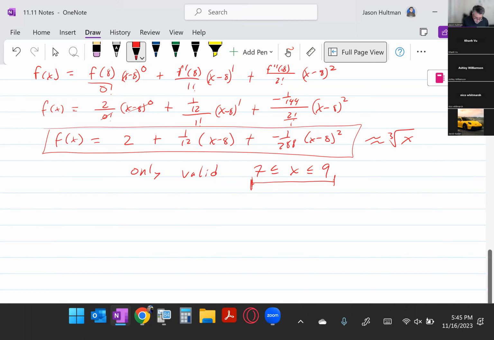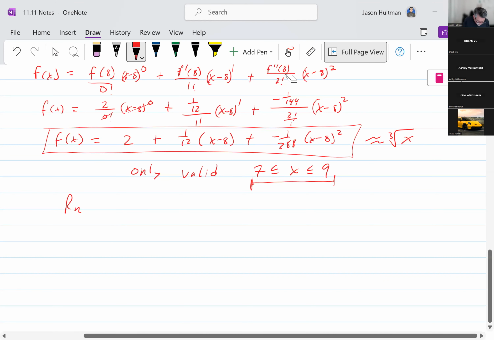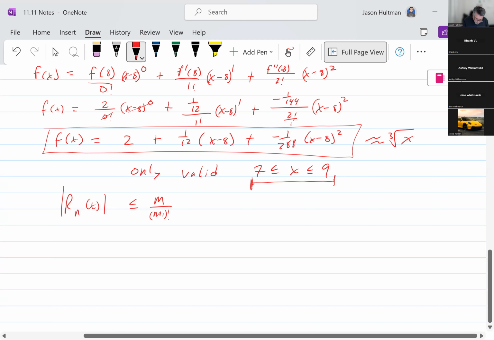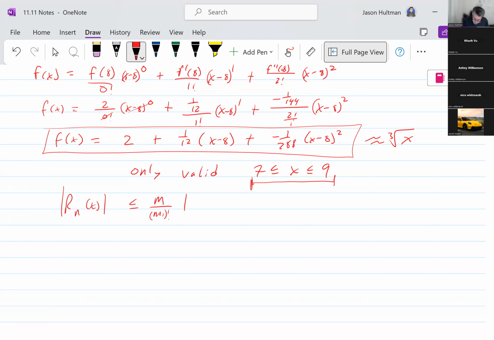Okay, so for R2 of x, the remainder, or the error bound on the polynomial, okay, it's less than or equal to m over n plus 1 factorial. I'll just rewrite the inequality. This is Taylor's inequality. X minus a to the n plus 1 power, right?